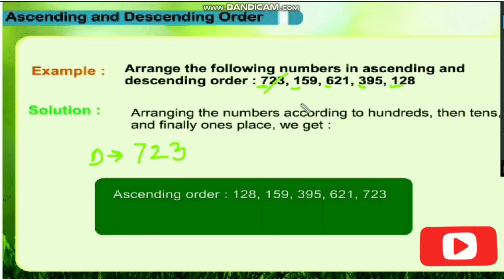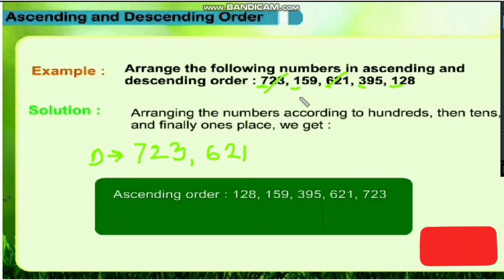Now 4 numbers remain. In these numbers, which is the greatest? 100, 600, 300, 100. So 600 is greater. So we will write 621 first. Done. Gone.